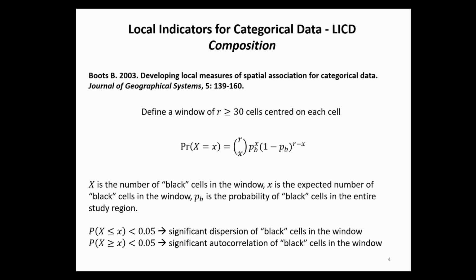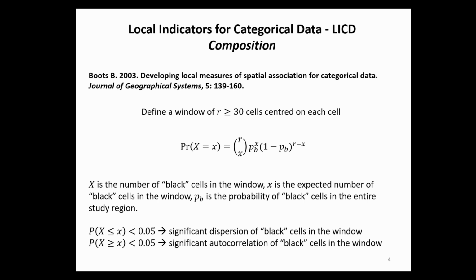So it's pretty standard as a method to assess the probability of having black cells or white cells within this moving window. These moving windows are centered on each cell, and so you have the autocorrelation of the individual cell compared to the other cells within the window. This is only related to the composition, so the probability of having a certain number of cells within a given moving window centered on each cell.